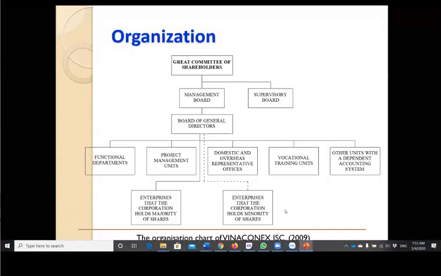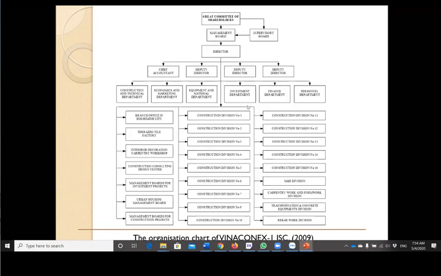When I did the chart of Vinacodex in 2009, very long time ago, 11 years ago, you can see that there's only this type of line, solid line, no dash. The dashes here represent another thing. It means the enterprises belong to the corporation, but with some very minor share, not like this one, which holds the majority of shares.